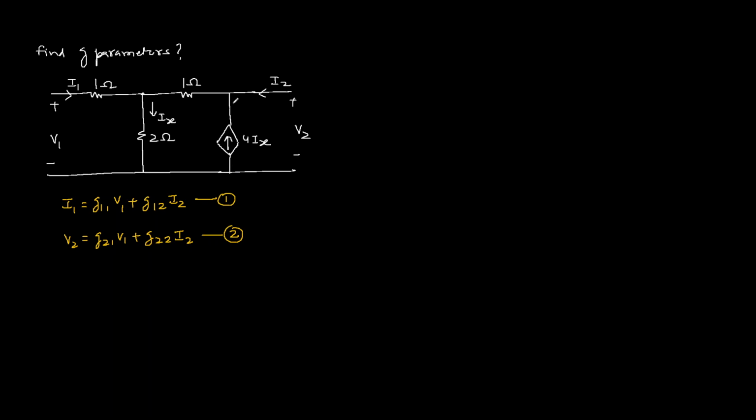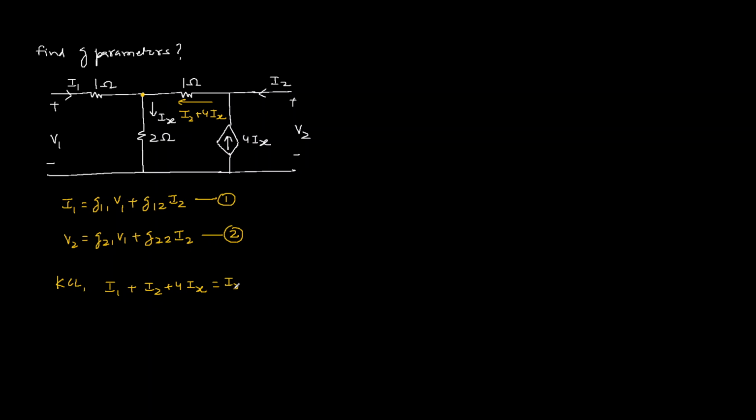Current coming at this node is 4Ix. Current coming through the port 2 is I2. So current through this 1 ohm resistance is I2 plus 4Ix. Now at this node, let us apply KCL. Current entering is I1. Another current is entering, I2 plus 4Ix, and leaving current is Ix.